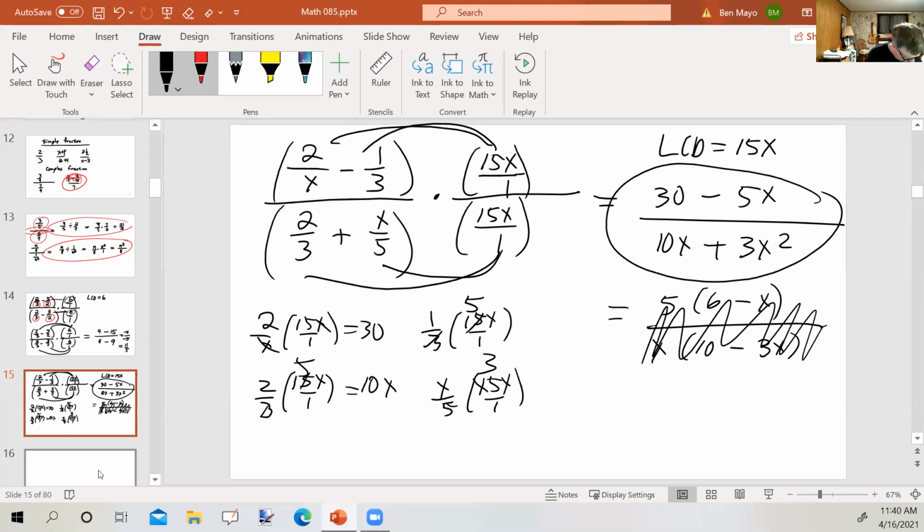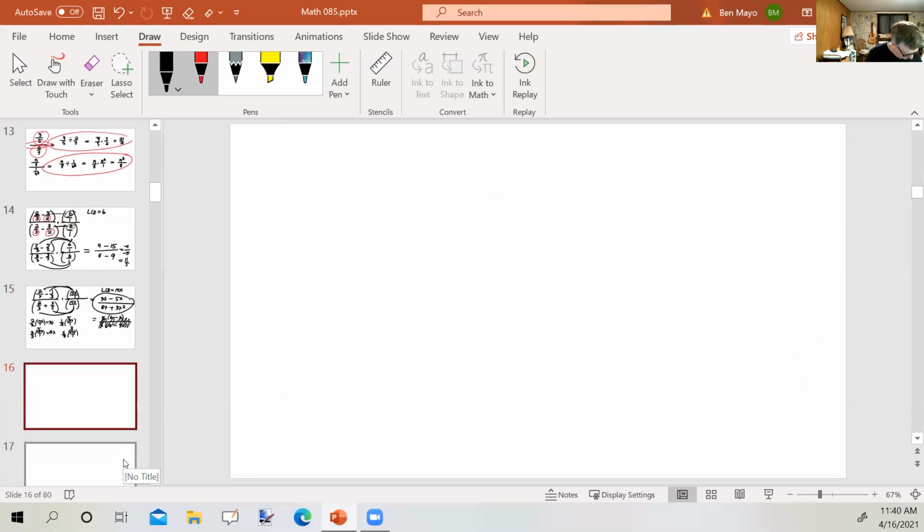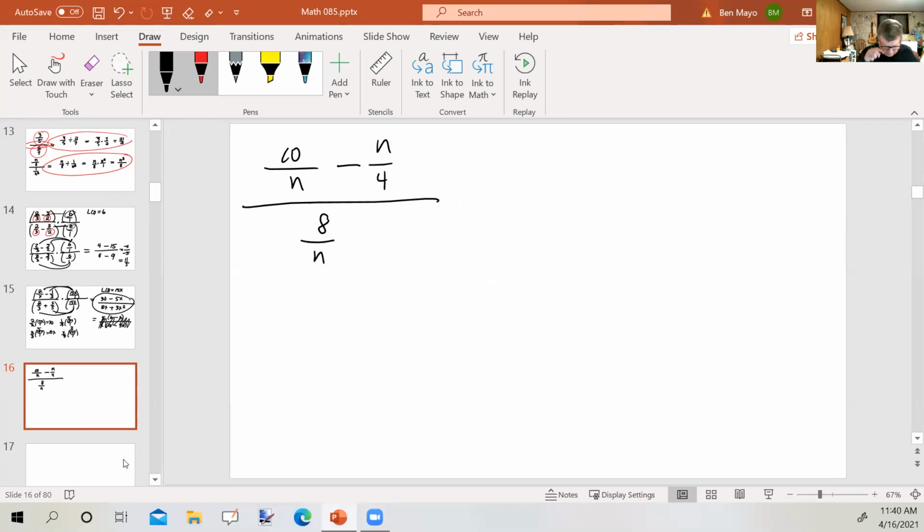Let's see here. We have 10 over n minus n over 4 divided by 8 over n. The least common denominator of n, 4, and n would be 4n.